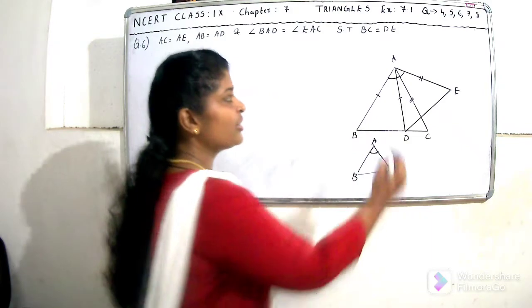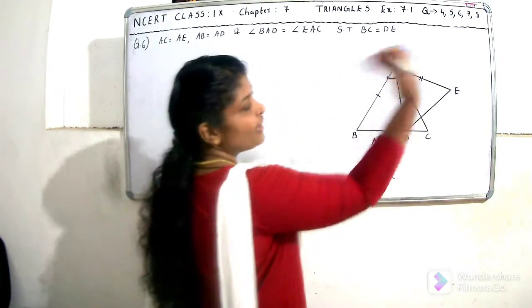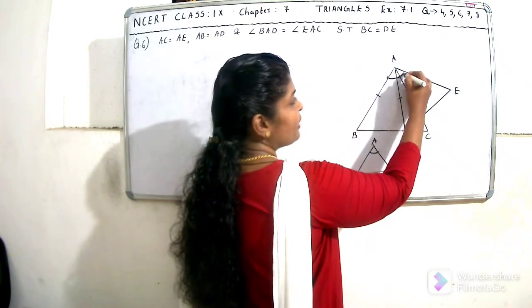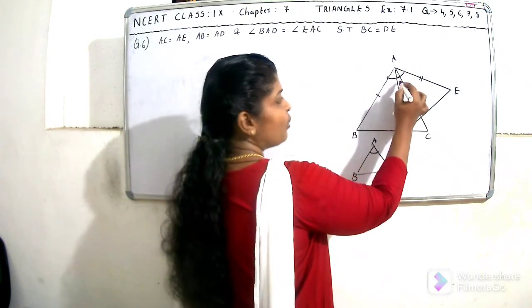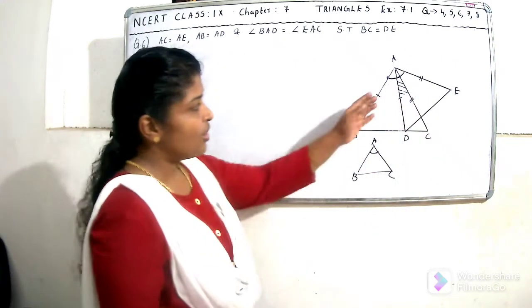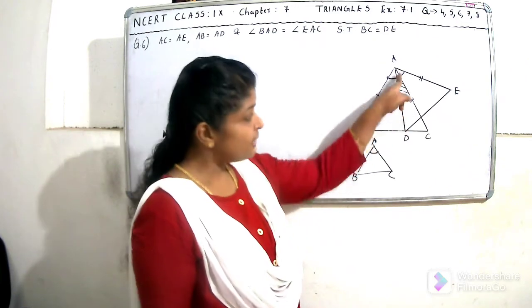If we take the other triangle, there also we need the full angle. So what part is common? This part is common, so to both we are going to add that common part.